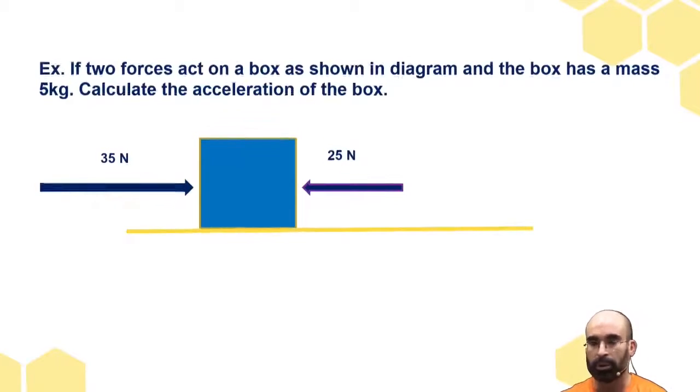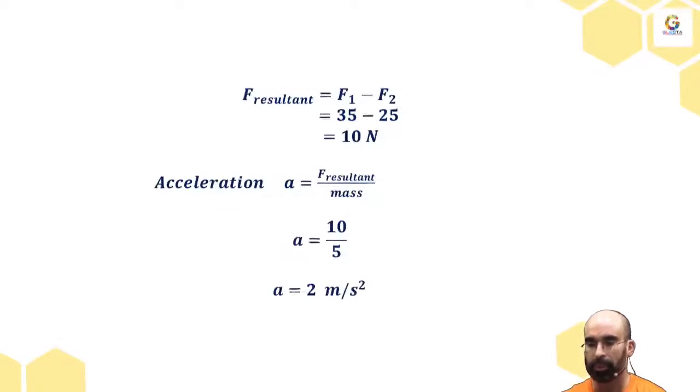Now, let us calculate this. Resultant force equals F1 minus F2, which is equal to 35 minus 25, that is equal to 10 newtons. Now, from the equation we have learned, F equals m into a.